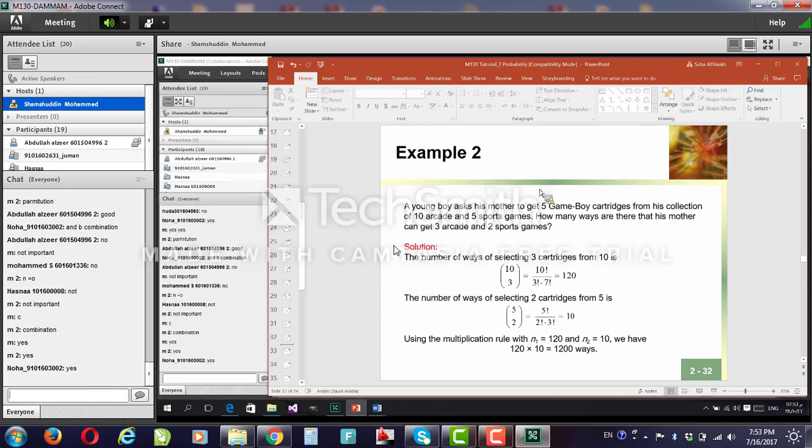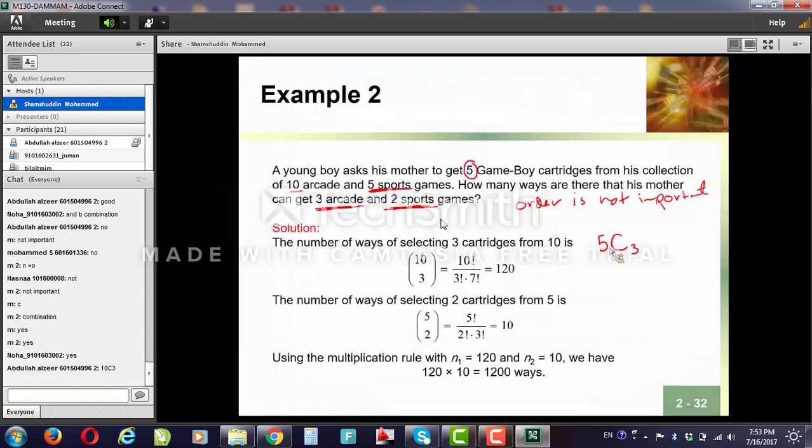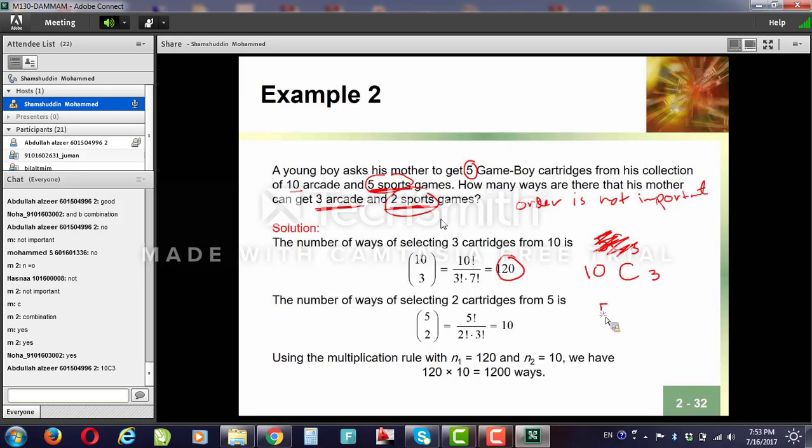So we have 10 arcade games and we choose 3 of them. So it is 10C3, which is 120 here. And for the sport, he has 5 and she's choosing 2. So it's going to be 5C2, which is 10.